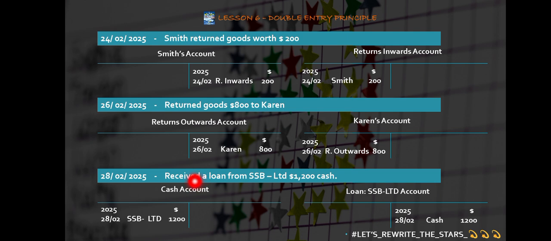And here the cash was received within our company, so it is a receipt. So we reference it to SSB on the debit side, 1,200. So here cash was receiving, so it is debited, and SSB was giving, so it is credited. I hope the debits and credits were understood.